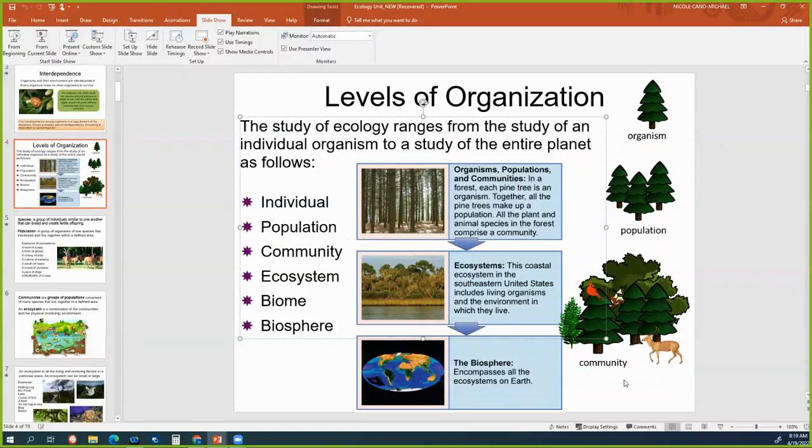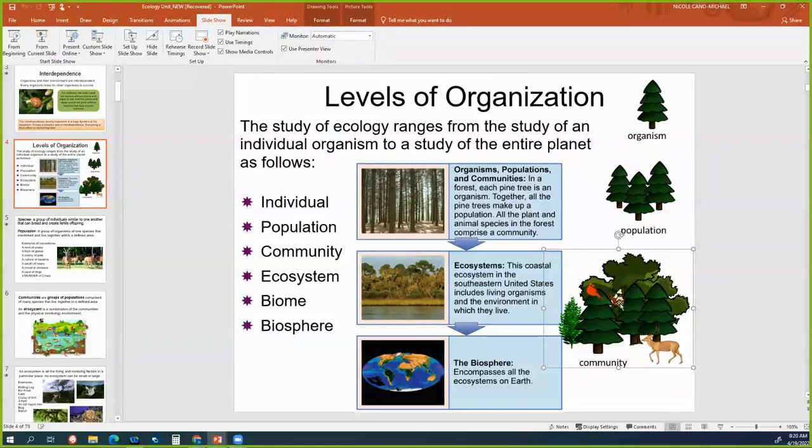And again, I want to bring you back to these diagrams. A population is a group of one type of organism. For example, in the picture right here, we see these three little pine trees. They're all the same species, they are a population. Down here, we have a picture of a community. We have the pine trees, but we also have oak trees in the back, and a kind of bush over here.